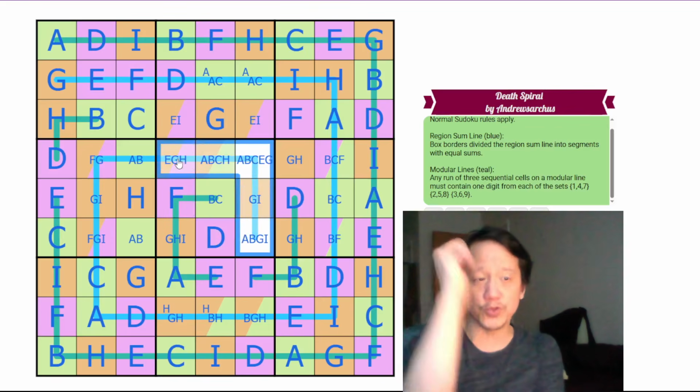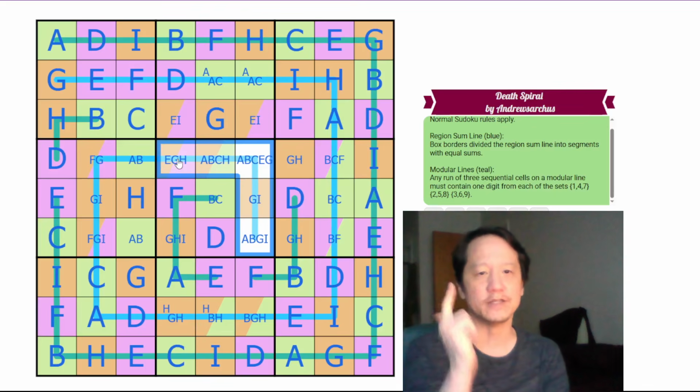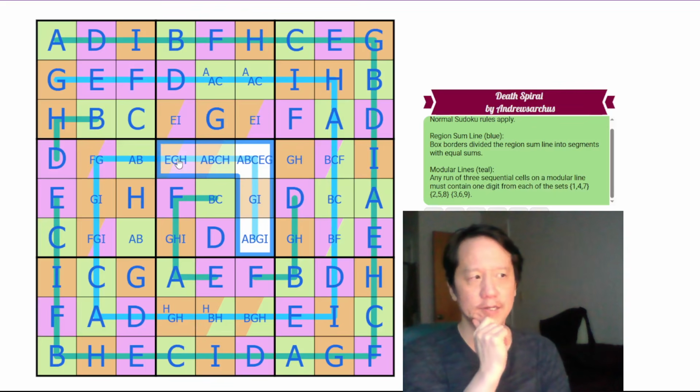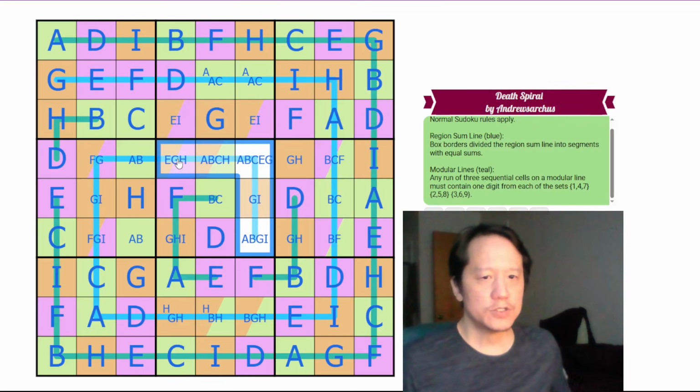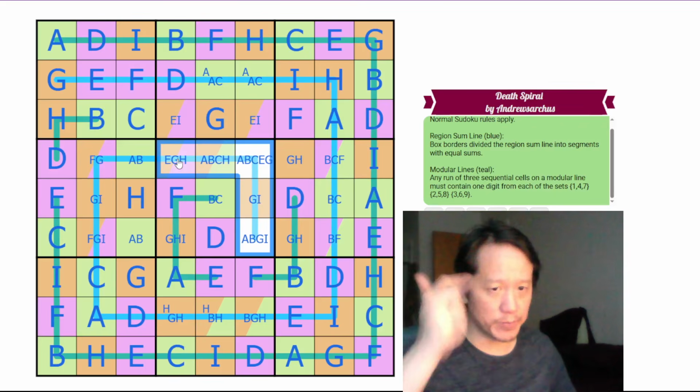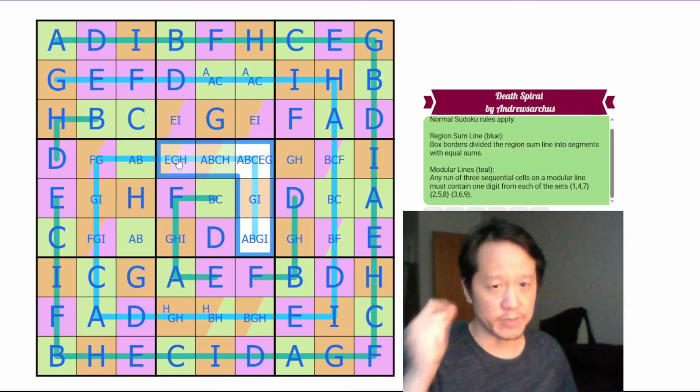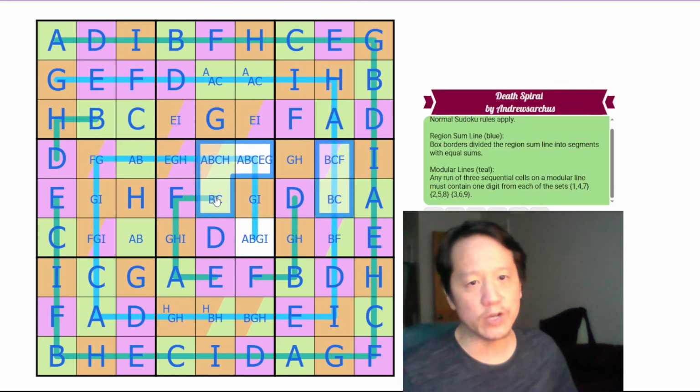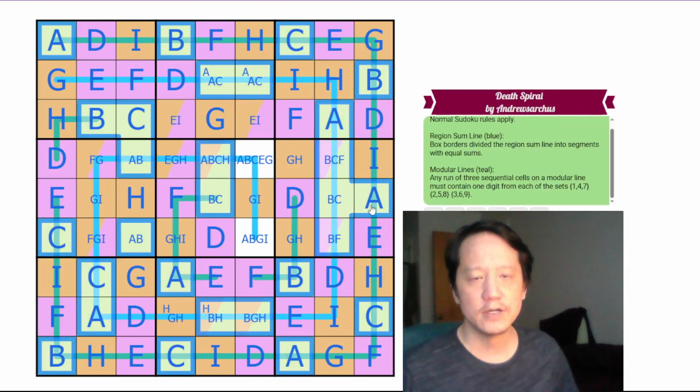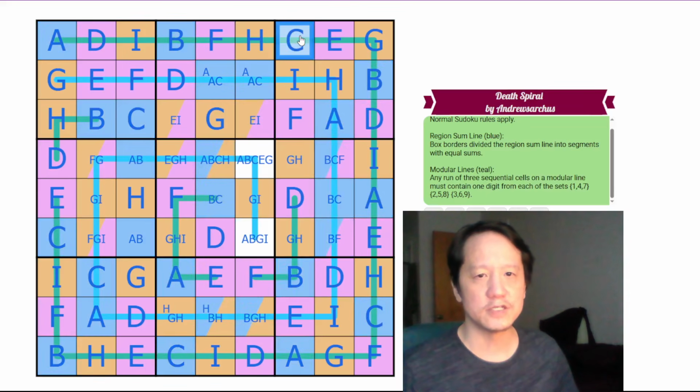And we know 3 and 6 have to be on the region sum line. So neither orange nor pink are 0 mod 3. Therefore, green is 0 mod 3. And green has to be 0 mod 3. We'll use blue for that. So this is blue. So this is 3, 6, and 9 then.